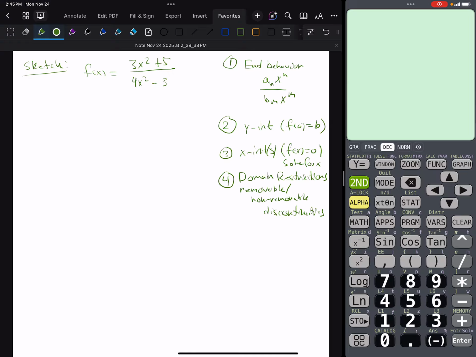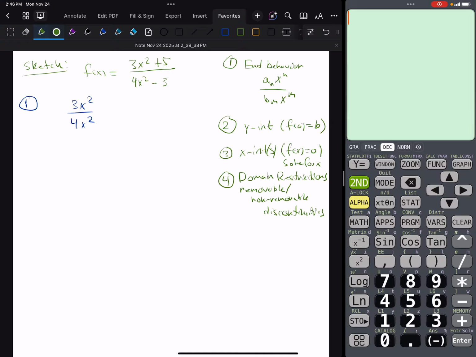Okay, let's start out looking at the end behavior. Now, in this case, that ratio of leading terms is 3x squared over 4x squared. And what we've said is that if the highest power of the polynomial in the numerator is the same as the highest power in the polynomial in the denominator, they grow at approximately the same rate.